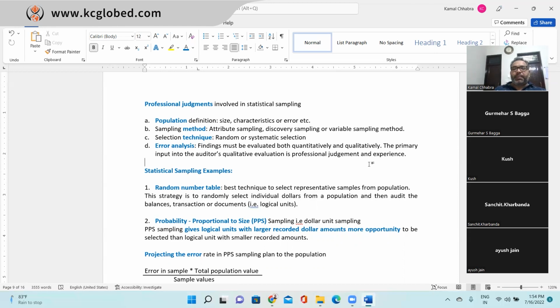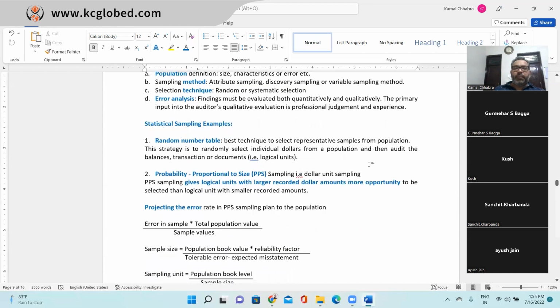Statistical sampling examples. First one is random number table. So there might be random sampling technique. You might have heard about this term, right? Most of the audit firms, especially big companies, have some tools to select different samples randomly.